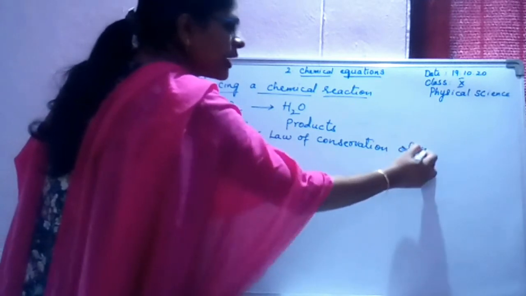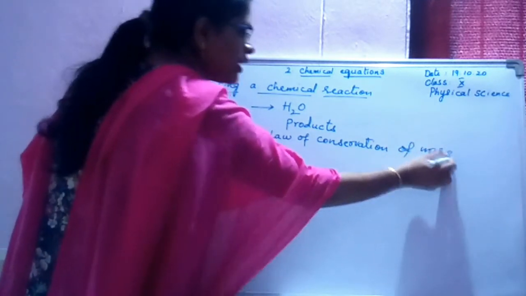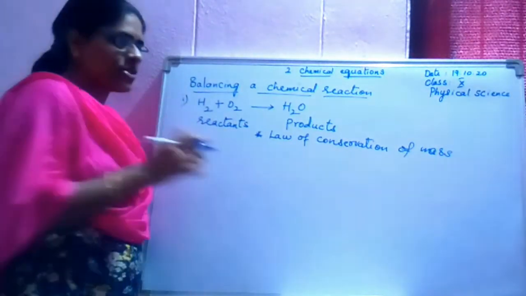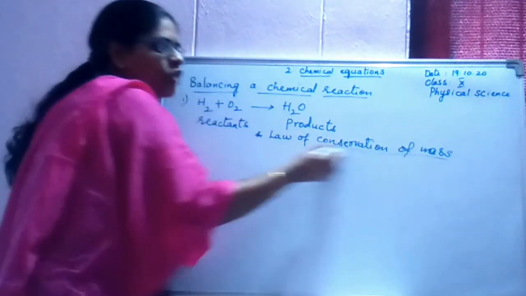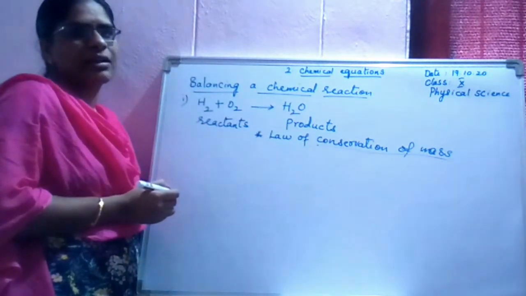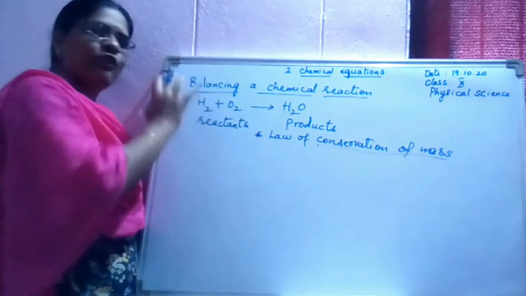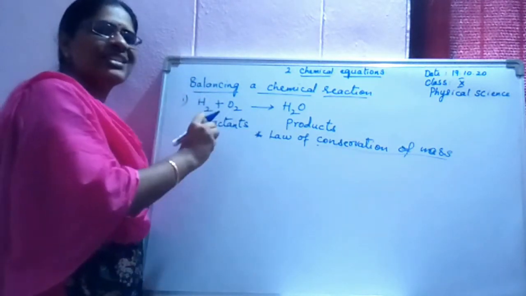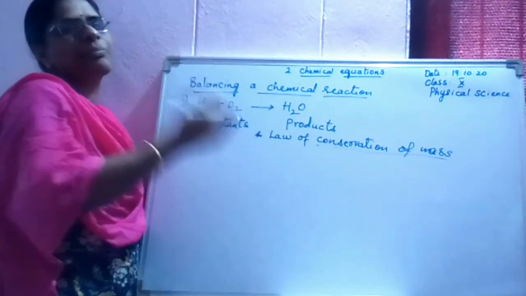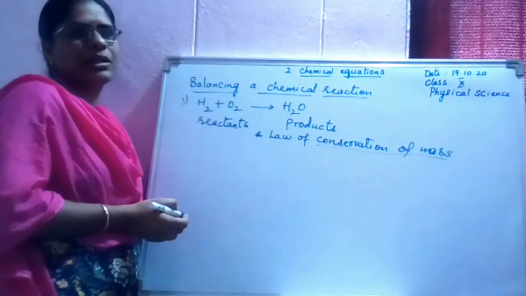Which law is conserved here? By balancing a chemical reaction, the law of conservation of mass is satisfied. That is, before the reaction, how much is the mass? The same mass should be there after the product has formed.